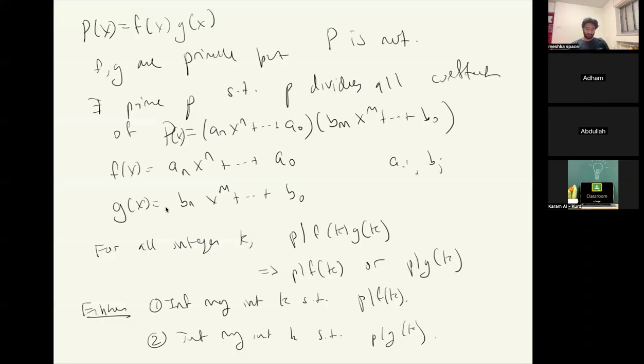Once p divides f of k naught, then p divides f of k naught plus tp for all t. So what you said is true, but it doesn't give us that much information, I think. Because we're trying to deduce something from p dividing all the coefficients here: we're trying to deduce that either p divides all the a's or p divides all the b's.